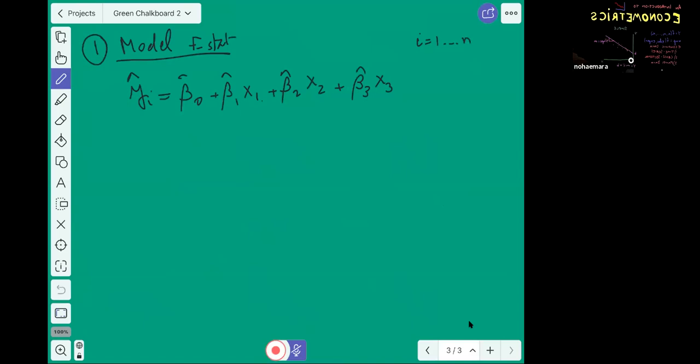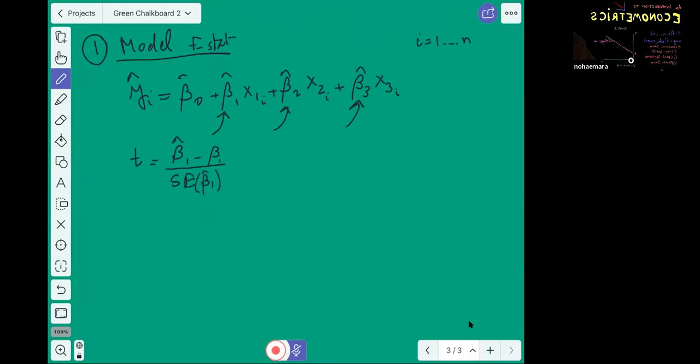So everything has a subscript i here because I have n equations, right? And this is the estimated model. Okay, we have learned before that I can check the statistical significance of each of these parameters separately. I discussed that we have this t statistic where it takes the gap between my estimation and my true value for beta 1 over the standard error of beta hat 1.